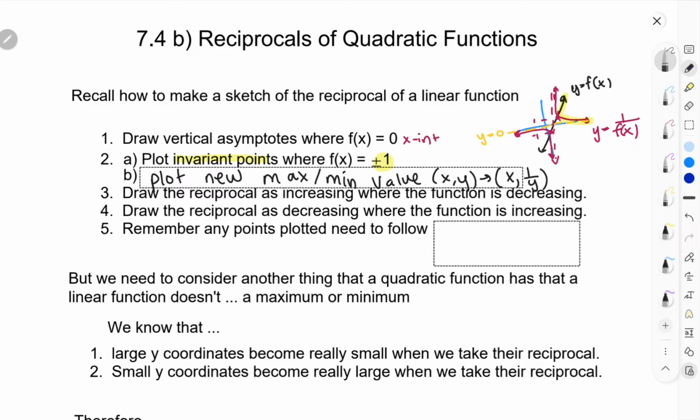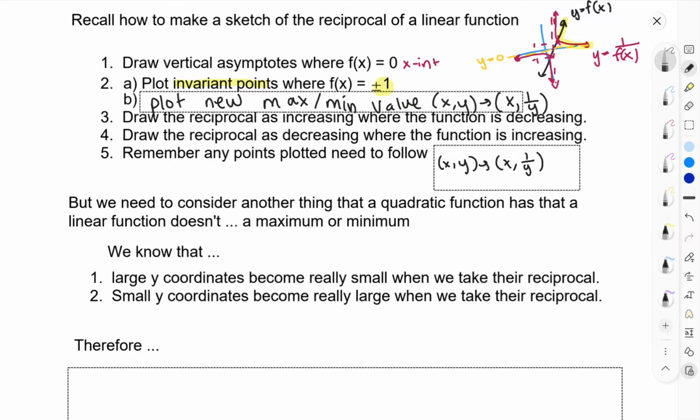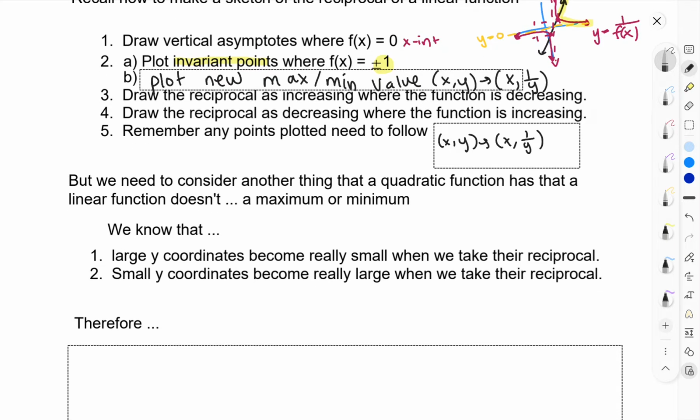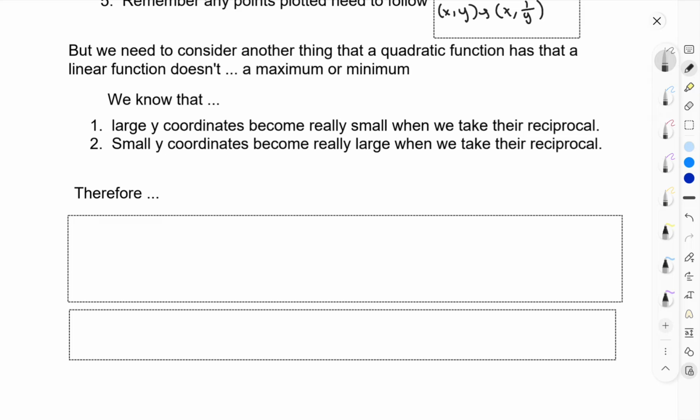And again, any plotted point has to change from (x, y) to (x, 1 over y), because I can choose those independent x's myself. The result of those y's is what I'm seeing change. So when I have those quadratic functions with a maximum or a minimum, I have that vertex, I know that really large y values become really small when I take the reciprocal. Really small values become really large when I take the reciprocal.